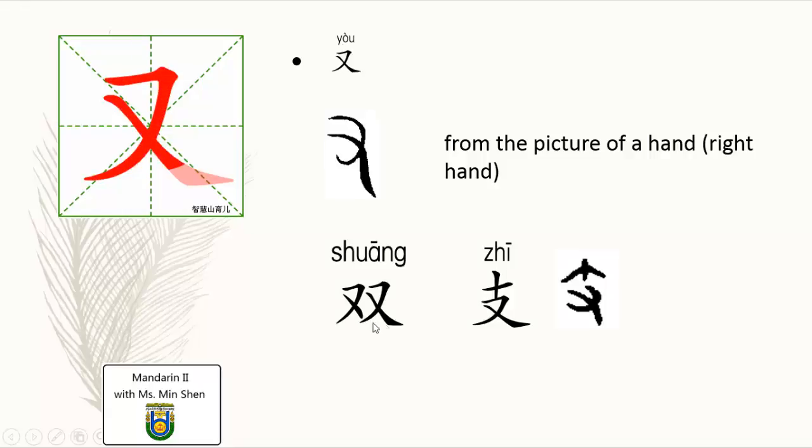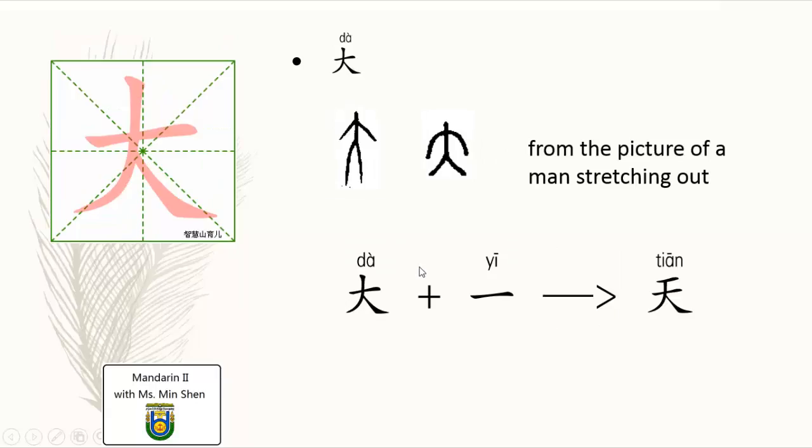So this combined character means double or a pair. For example, a pair of shoes, 一双鞋, a pair of mittens, 一双手套, 双. And please follow this instruction for the order of strokes to write this character.